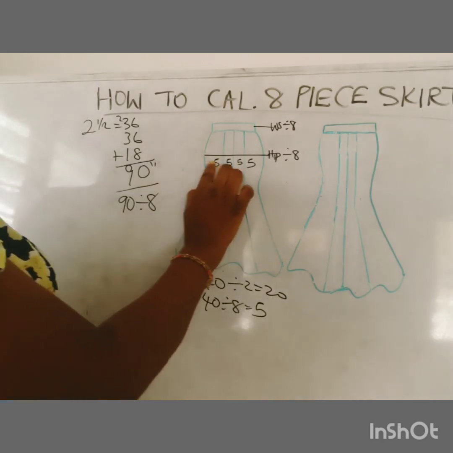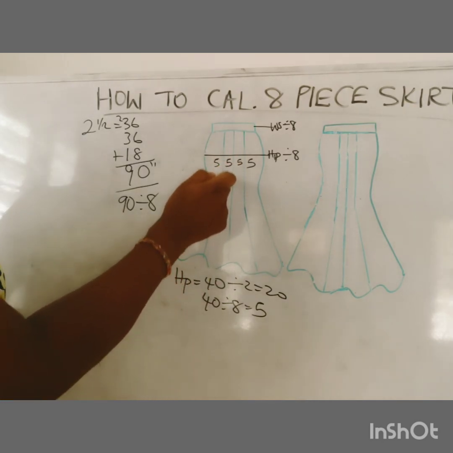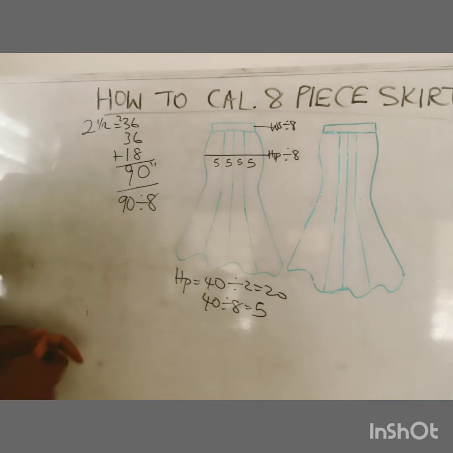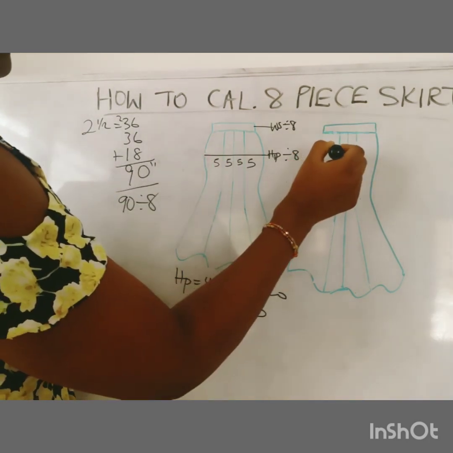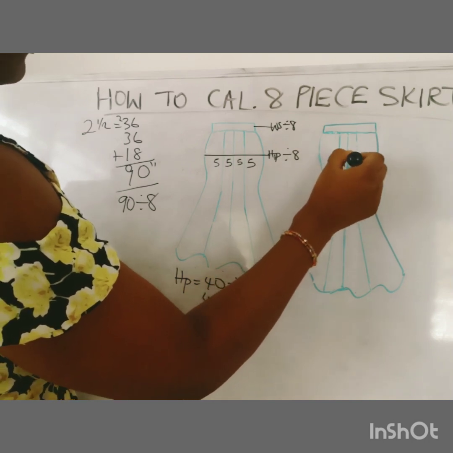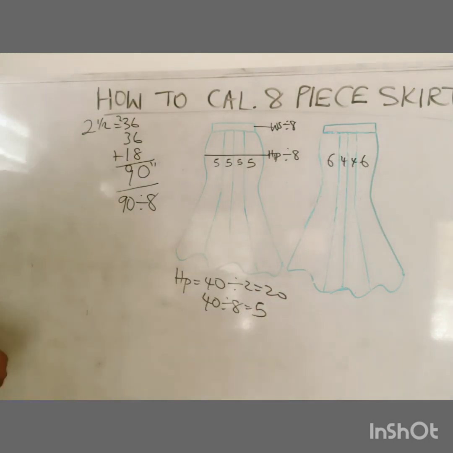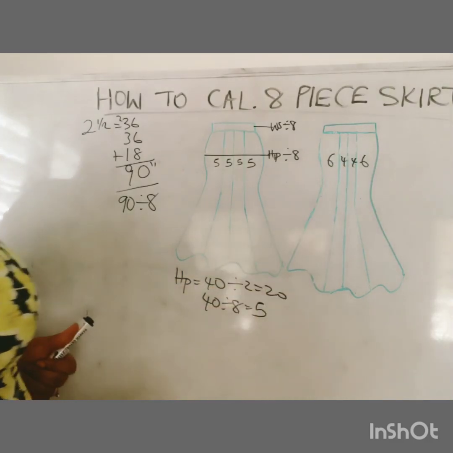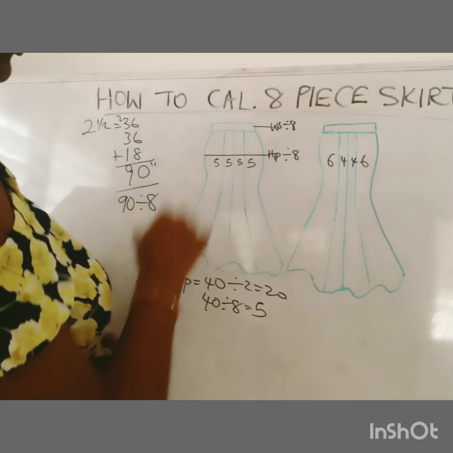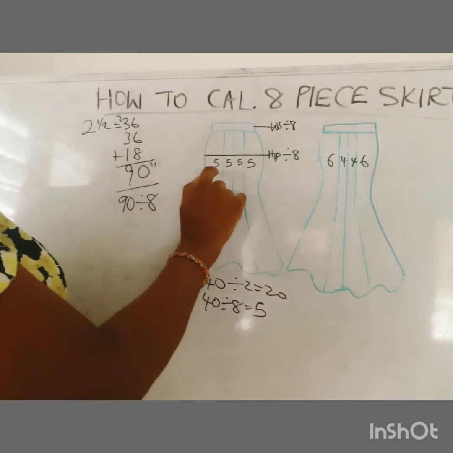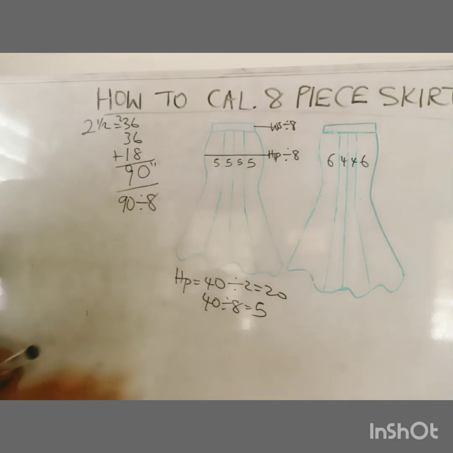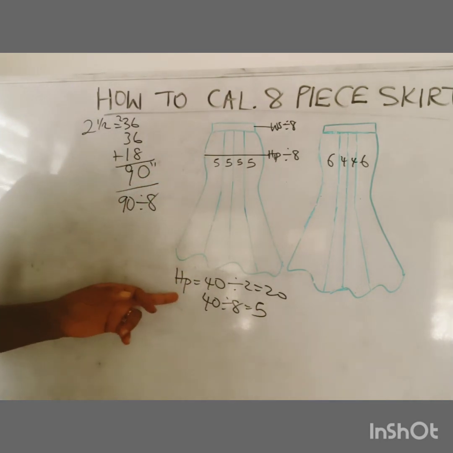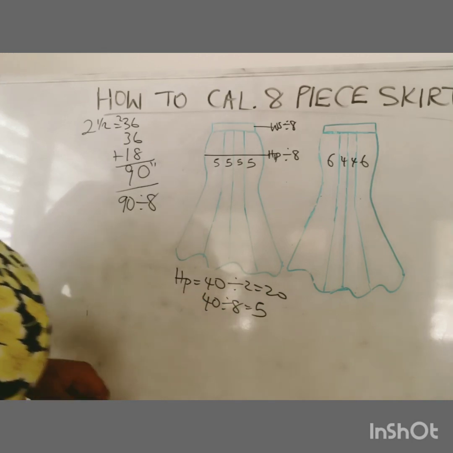Or you simply subtract 1 from this middle and add it to the side. That means it will be 6, 4, 4, 6. That way the sides will be wider than the middle. But if you want yours all to appear the same, then you are going to use 5, 5, 5, 5 all through. We got this 5 from assuming that the hip is 40.